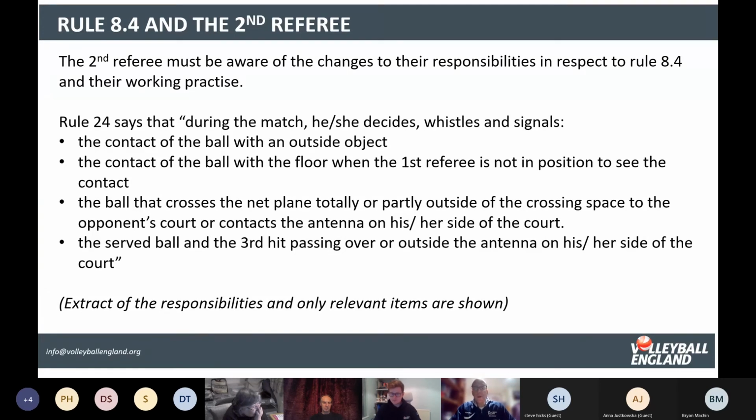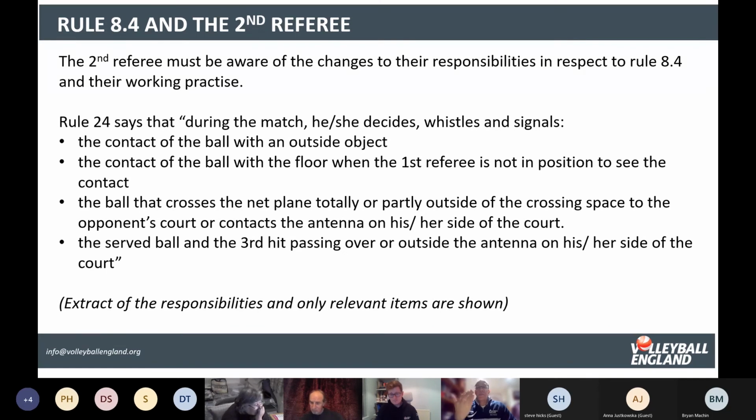The contact of the ball with the floor when the first referee is not in a position to see the contact, and only in that situation. And the ball that crosses the net plane totally or partially outside of the crossing space to the opponent's court, or contacts the antenna on his or her side of the court. So this is pretty much anything on your side of the court as a second referee that hits the post, passes outside the antenna, goes out.